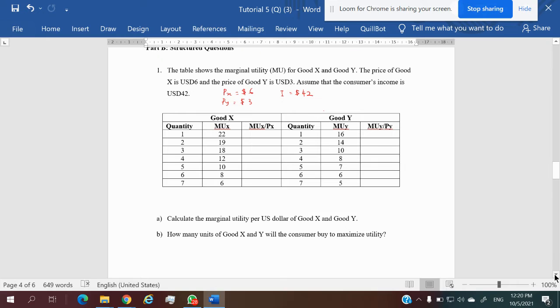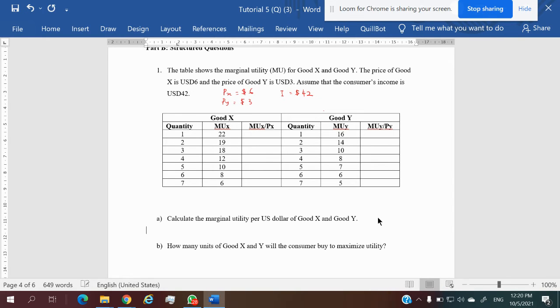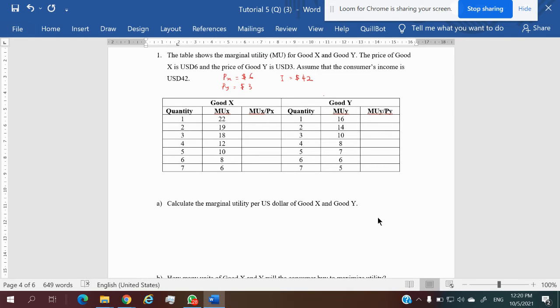The formula that we need to use is this: you see we have good X and Y. MUX over PX equals MUY over PY.